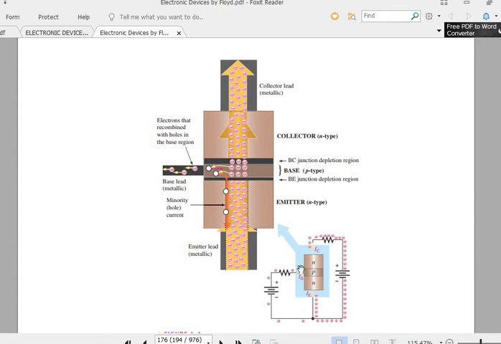So what happens, students, coming to this figure, here the electrons are the majority carriers. When it works in the forward biasing, the flow of the current moves in this direction.